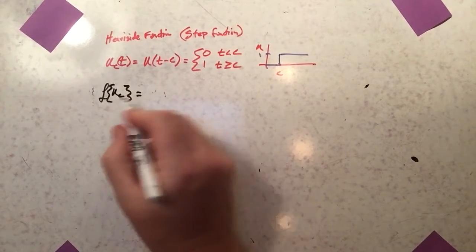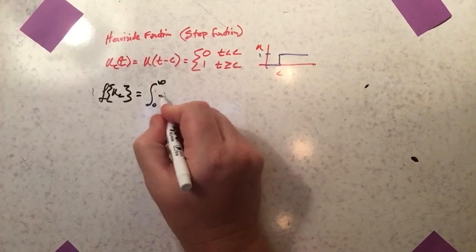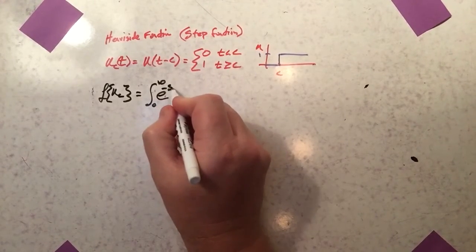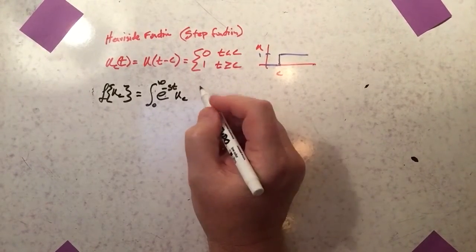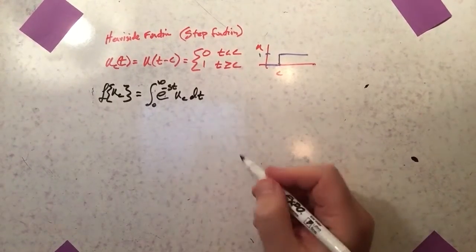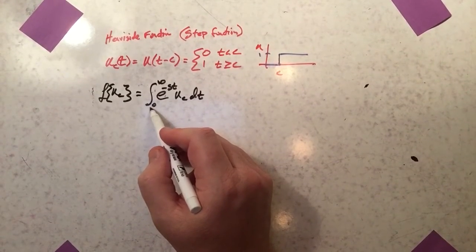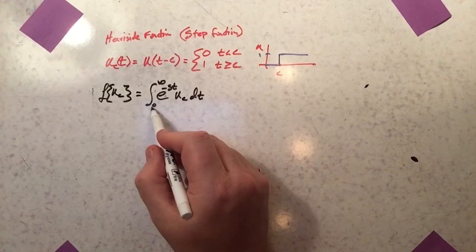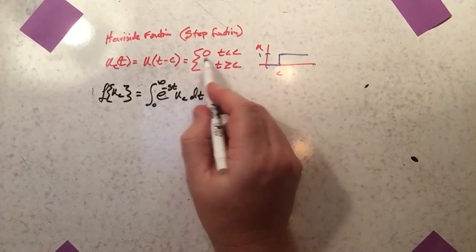Well, we know that the Laplace transform is the integral from 0 to infinity of e to the negative st times the function we're after, which is u_c, dt. Well, this is pretty easy. The integral is from 0 to infinity, and from 0 to c, this guy's going to return a value of 0. That's the way it's defined.